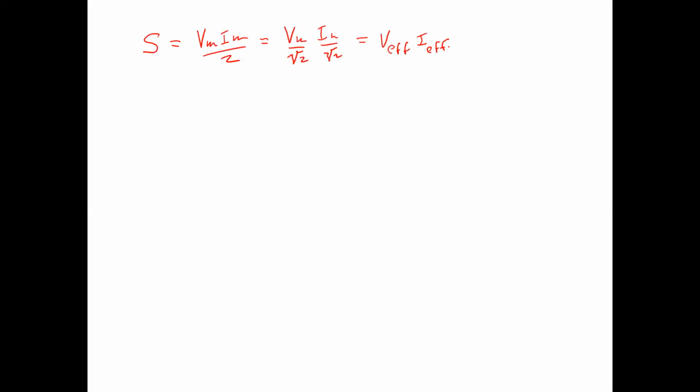And so S is the apparent power, in the unit of VAs. And a watt is a volt times an amp, so it's another way of talking about watts, really. It's just given in VA, so you know we're talking about apparent power as opposed to average power.